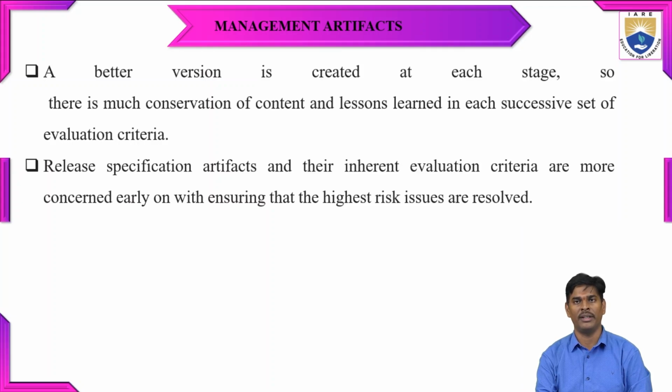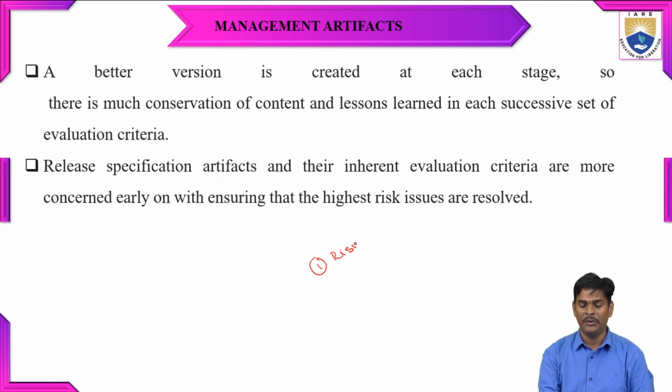If it is a low risk, they are going to minimize it or discard that particular risk. So in the release specifications, they need to check what the weightage of the risk is.